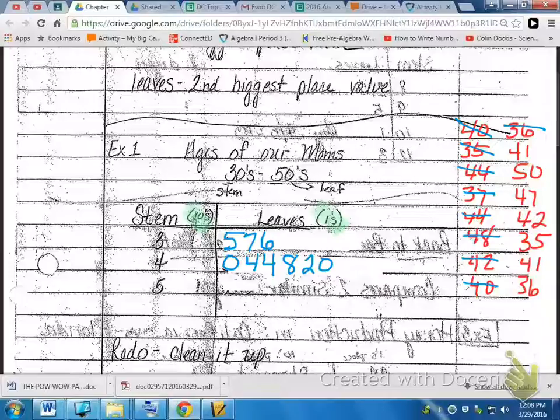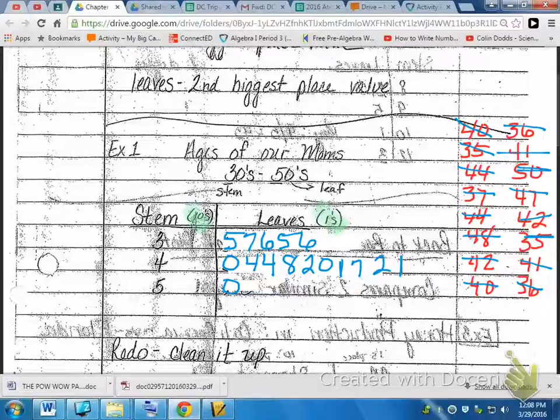So it's the stem 4, and we put leaf 1. 50, stem 5, leaf 0. 47, stem 4, a leaf of 7. 42, a stem of 4, a leaf of 2. 35, a stem of 3, leaf 5. 41, so stem of 4, leaf 1, and then finally 36, a stem of 3, a leaf 6.